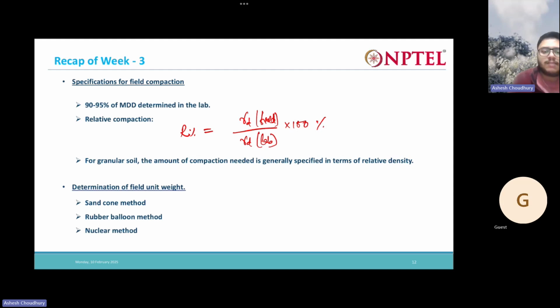For granular soil, the amount of compaction is generally specified in terms of relative density. So please tell me what is relative density. We had already discussed this in the previous classes, so you should know. Tell me the expression for relative density.